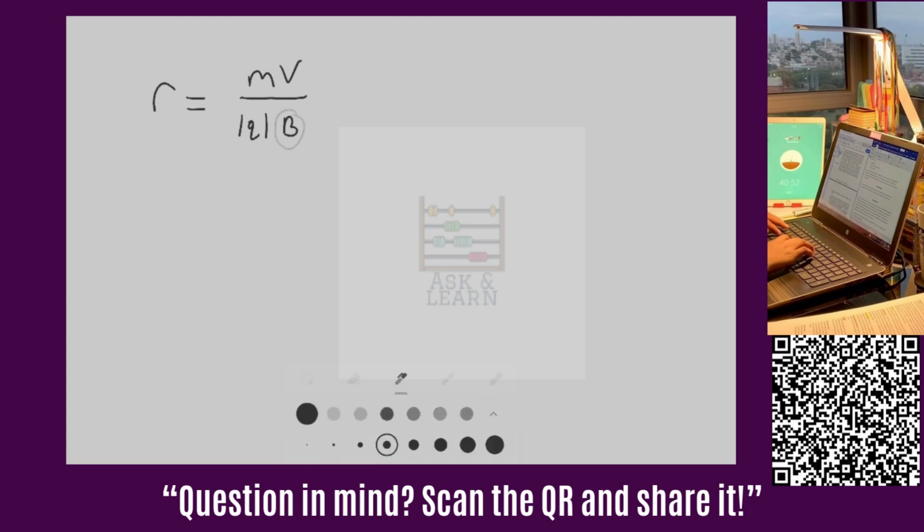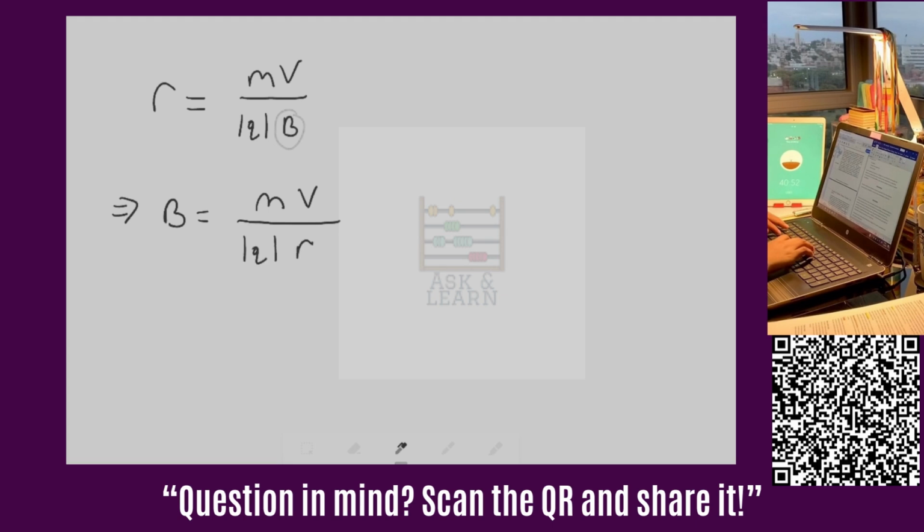So when we rearrange this and solve for the magnetic field, we get the mass of this particle multiplied by its speed, divided by the absolute value of its charge and the radius of the circular path through which it is traveling. We plug in everything we're given in this problem. The mass of a particular particle of this type is 3.06 times 10 to the negative 25 kilograms.